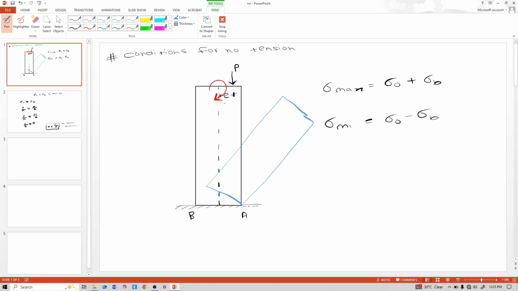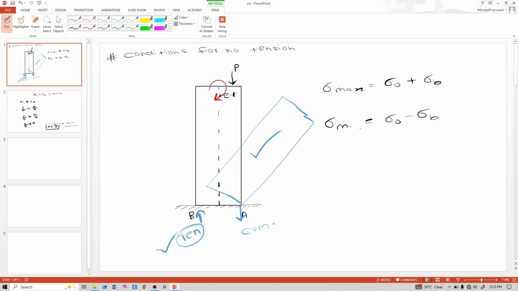See, here at A compressive forces come, and here at B tensile forces come. So those tensile forces are the reason for the tilting of the column. In other words, these tensile forces are not good for that column. That's why we are deriving the condition for no tension.